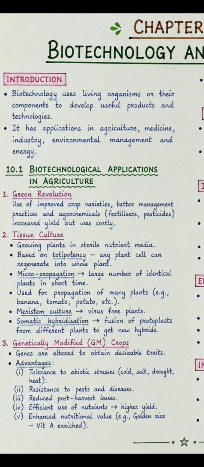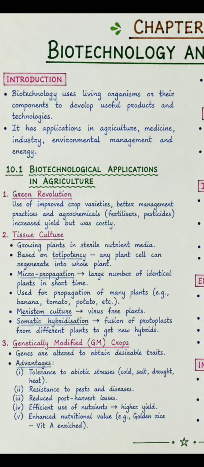They make crops more tolerant to abiotic stresses like cold, drought, salt, and heat, and reduce reliance on chemical pesticides, like pest-resistant crops. They help to reduce post-harvest losses and increase the efficiency of mineral usage by plants. This prevents early exhaustion of soil fertility and enhances the nutritional value of food.